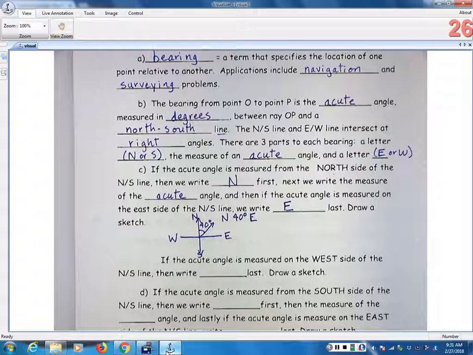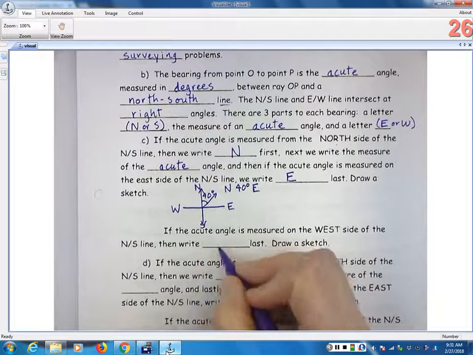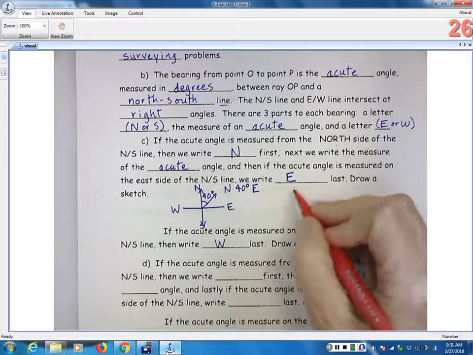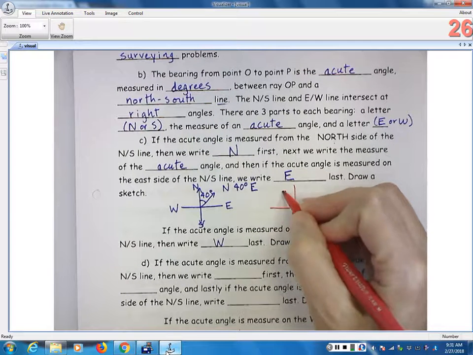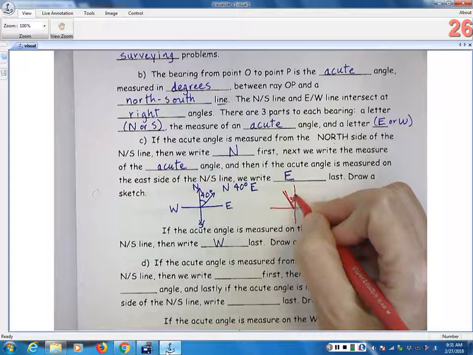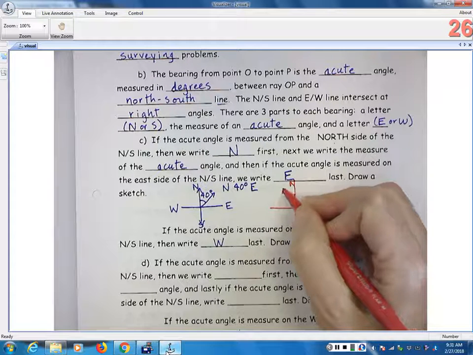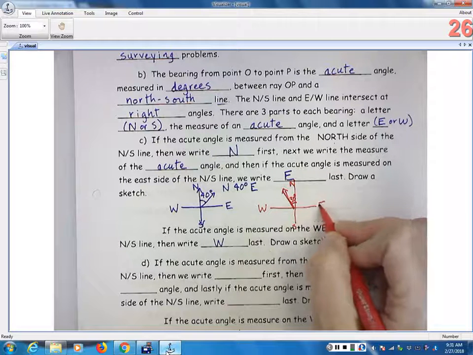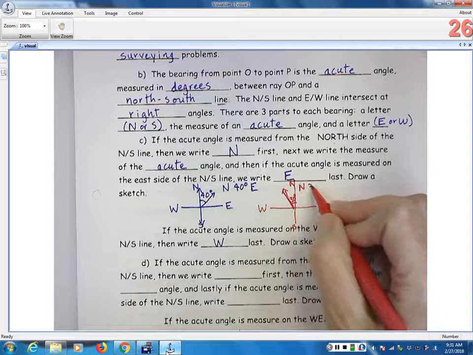If the acute angle is measured on the west side of the north-south line, we write west last. So we could draw another picture to show an angle, say, at 30 degrees from the north-south line. This angle would be written as north 30 degrees west.